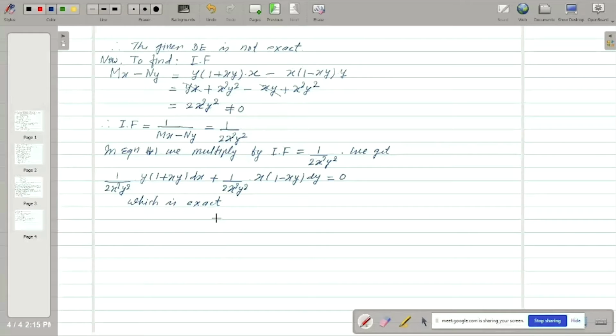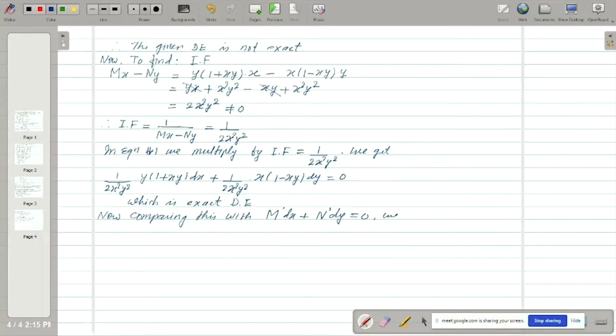Okay, so now just simplify this, then we compare. Which is exact. Now comparing this, which is an exact differential equation, with the standard form, that is M' dx + N' dy = 0.